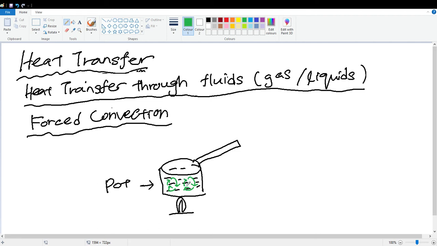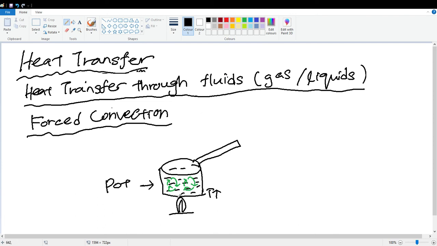This is because when heat is supplied beneath this pot, the temperature of the water below this pot is actually higher.